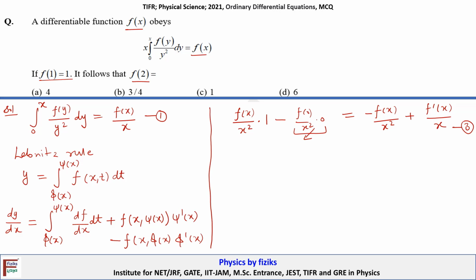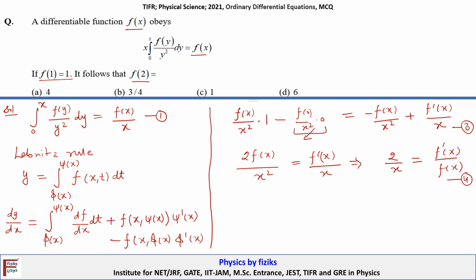Now on simplifying this, we can write it as 2 times f(x) divided by x square is equal to f dash x divided by x, and we can further simplify it as 2 divided by x is equal to f dash x divided by f of x. This is equation number 4.